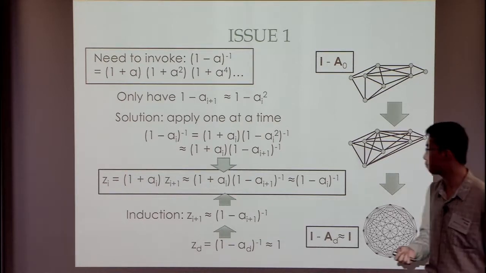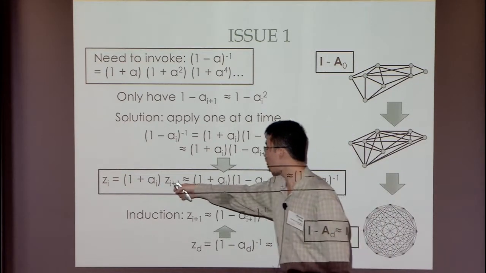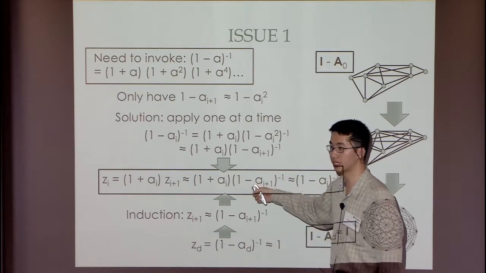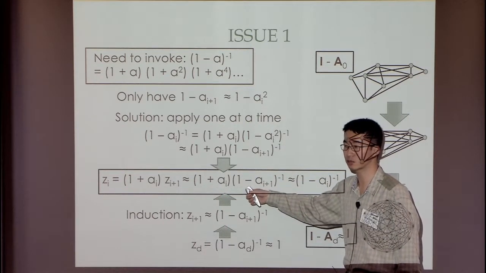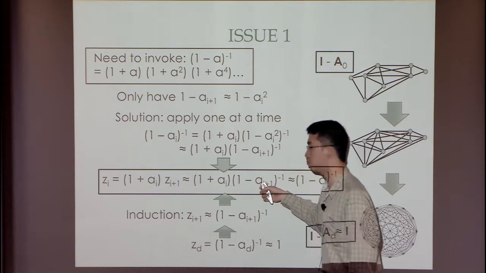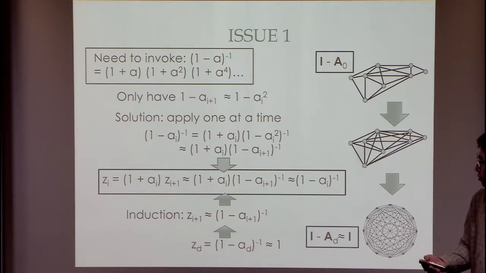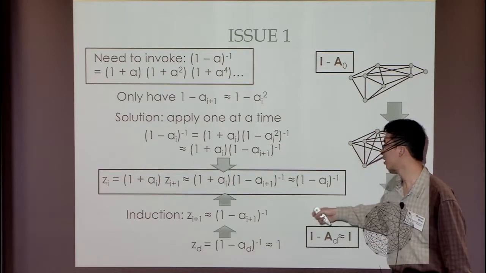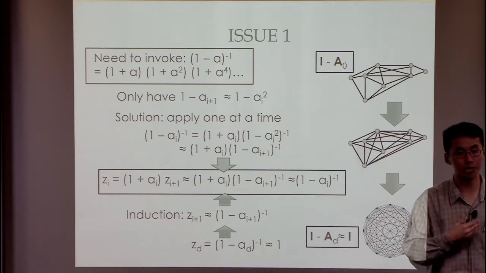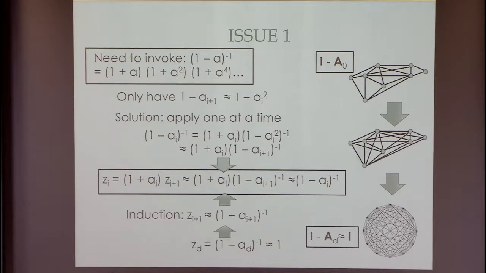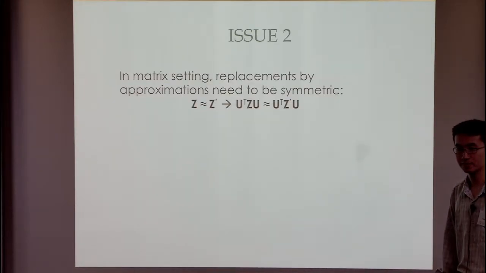Because our next operator is similar to the inverse of the next level system, by similarity I can just replace that operator with the exact inverse. And then by this identity, I get that it's similar to the inverse of my current operator. So this gives me a way to propagate inverses up the chain through the use of operators. So this is for the scalar case.